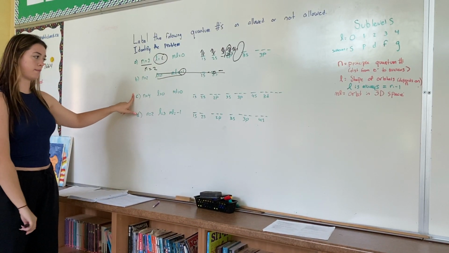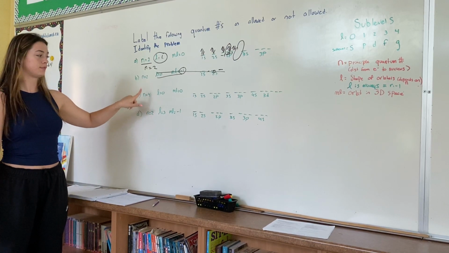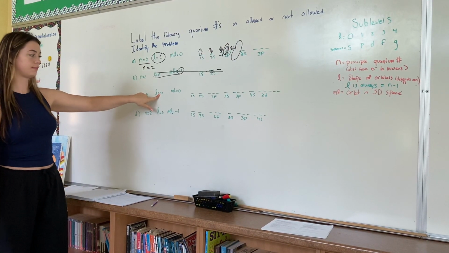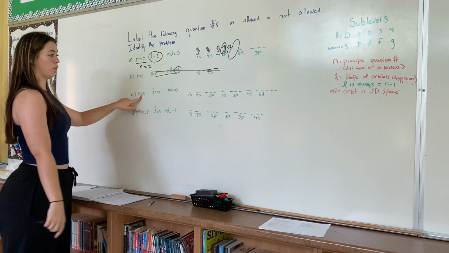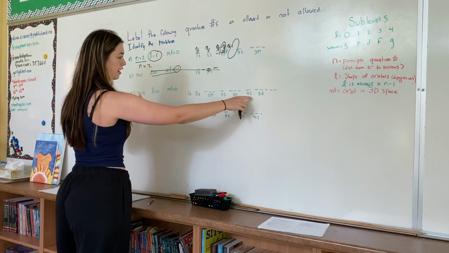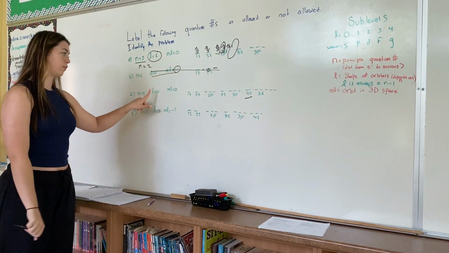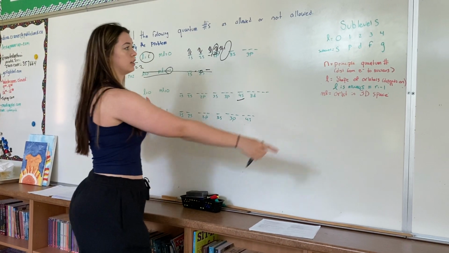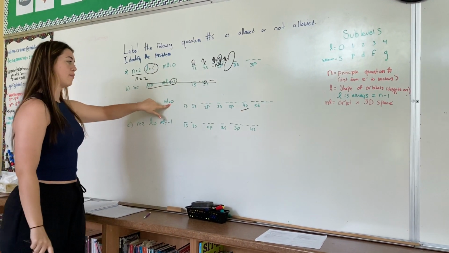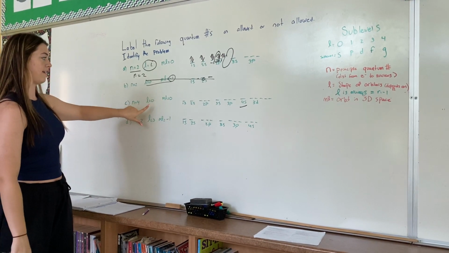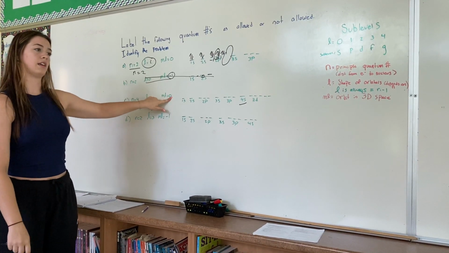Our next example, N equals 4, L equals 0, and ML equals 0. So it's saying we're looking for our fourth shell. We have one right here. 0 is our S sublevel, which we have here, and our ML is 0. Which we just said, if L equals 0, ML equals 0.